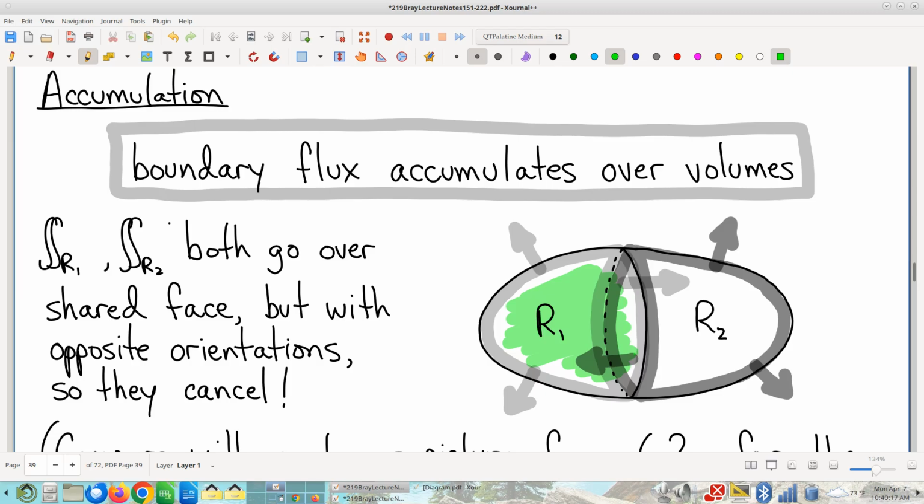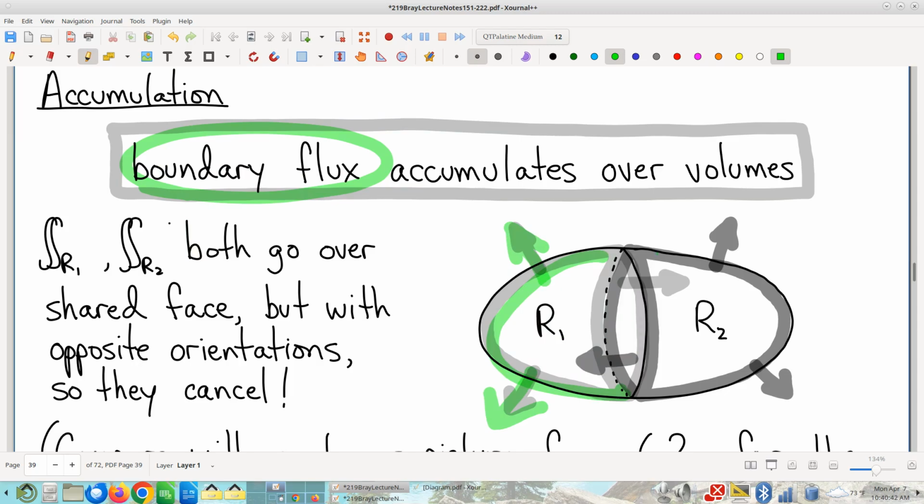If I talk about the boundary flux for that volume, what that means is I'm going to take that volume, look at its boundary, which is a surface, and then look at flux through that boundary. Right? There's going to be a chunk of boundary flux on the left side of the eggshell, if you will.